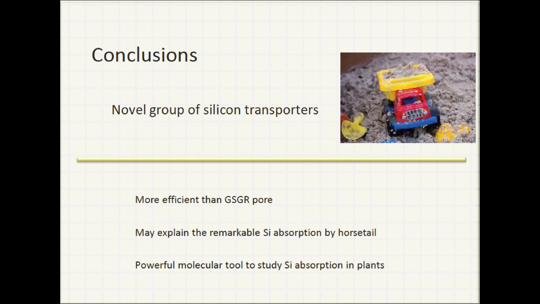This exceptional capacity may help explain why horsetail is such an exceptional absorber of silicon. And it's obviously a very nice and powerful tool to help us try to understand how silicon is absorbed in plants and can do all the beneficial things that you've been shown that it can do.